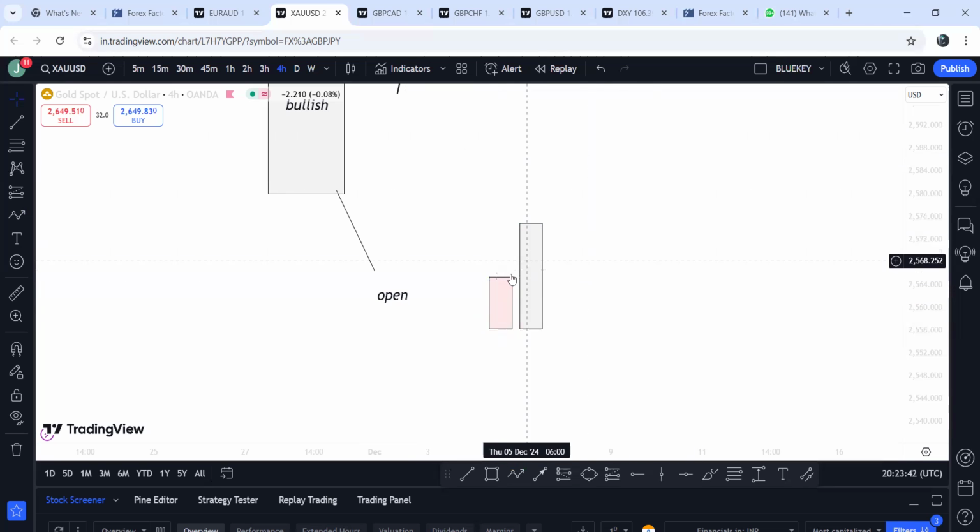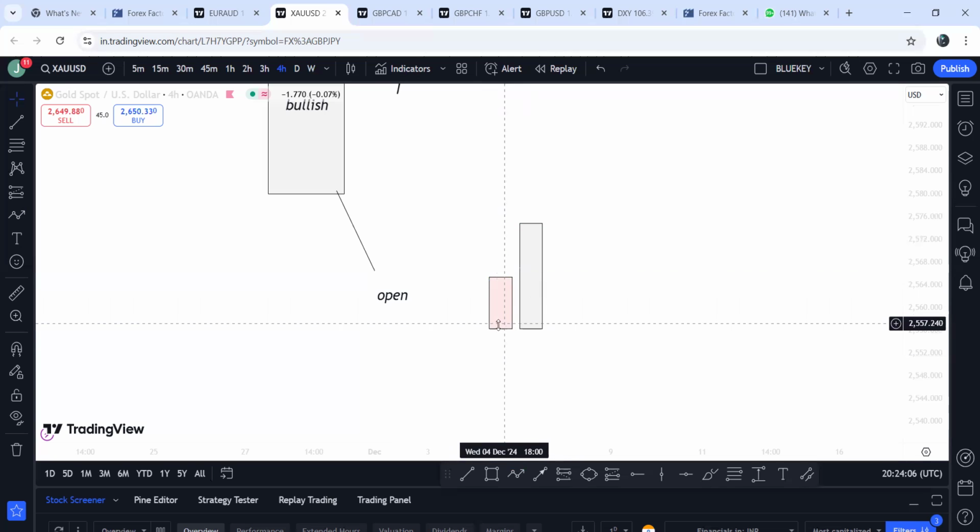So a bullish engulfing candle consists of a small bearish candle and a larger bullish candle. That is what we call a bullish engulfing. The psychology behind this is that the market was selling.